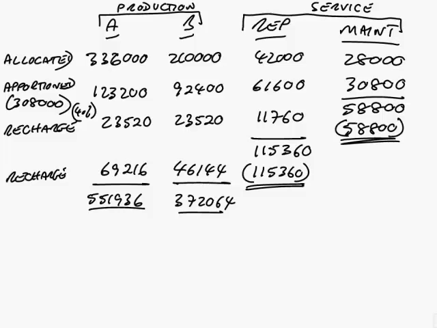For Department A, first of all, surely, since most of the work is being done by labour, Department A, 40,000 labour hours, machine hours are only 5,000. Since most of the work is done by labour in Department A, we'll work out a cost per labour hour.